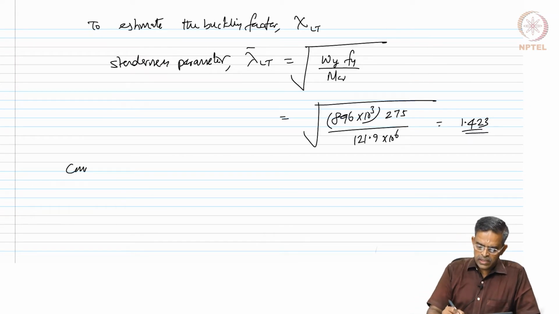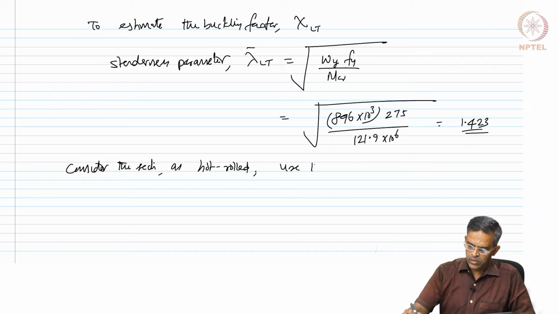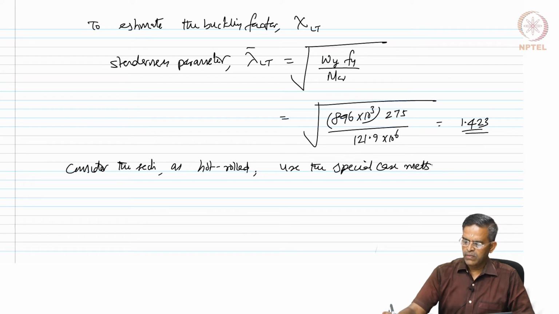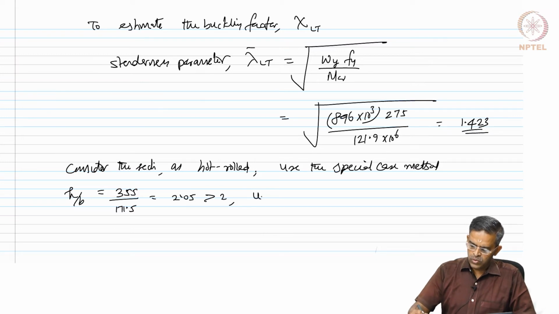So, now we consider this section as hot rolled. So, we will use the special case method. There are two methods by which we can do. We know from the table for H by B, which is equal to 355 by 171.5, which is 2.05, greater than 2, we should use buckling curve C. Am I right?